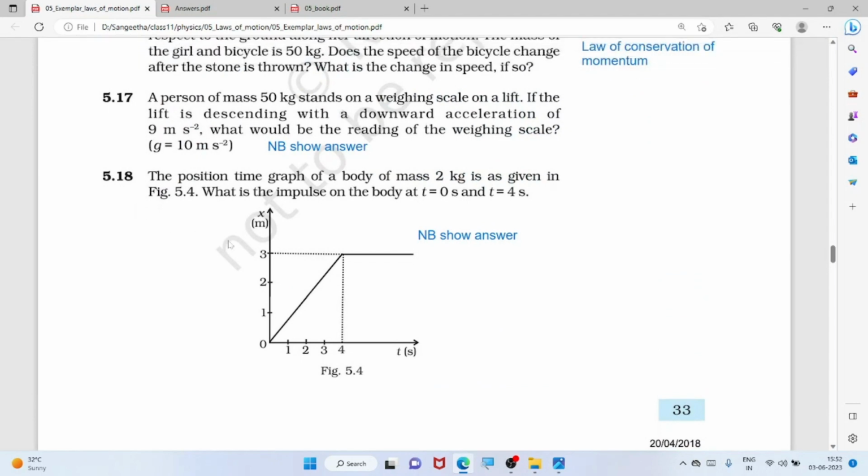The position-time graph of a mass of 2 kg is given below. What is the impulse at this? So here at t equal to 0 it is at rest. Impulse means change in momentum, so here it is 0 because velocity is 0.